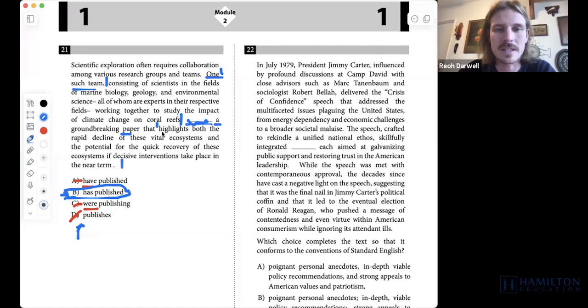It's highlighting these things currently, but the publishing was something that took place at one point. It's not a continual publishment. It is published once, it's over. That's how we can tell that we want it to be singular and in this tense. So that's how we go with B for 21.